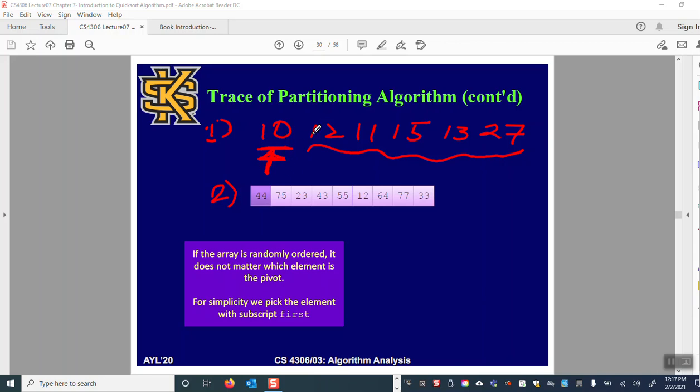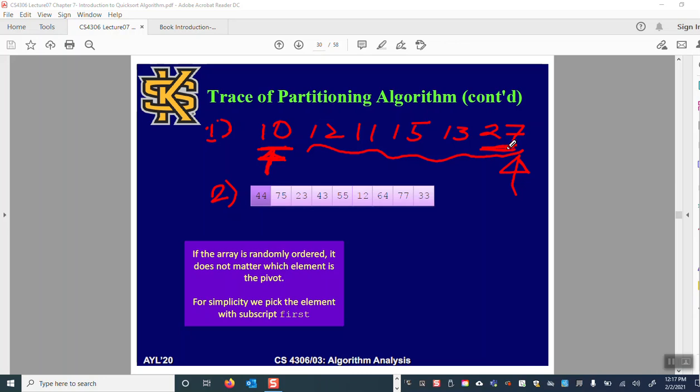Also, in the second case, I can consider almost the same example. Here you see the last element, 27, is also in place, right?